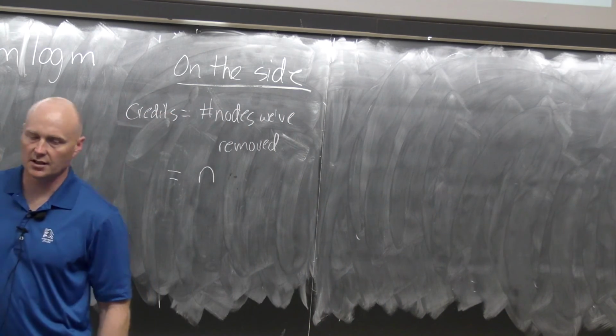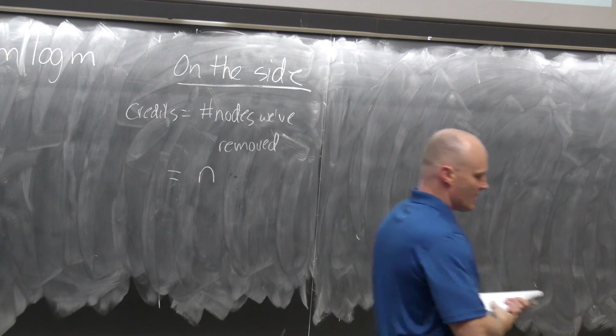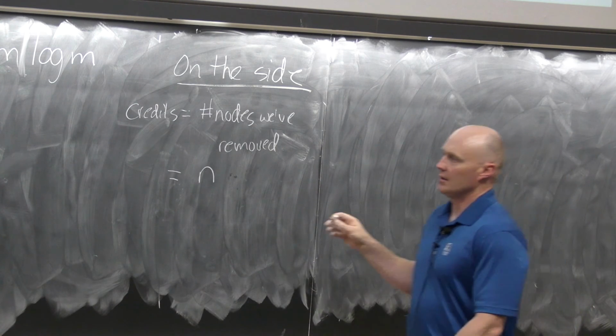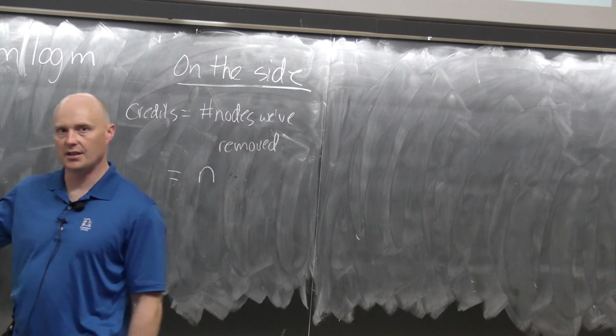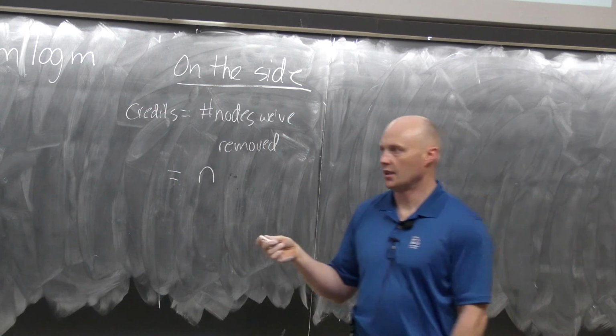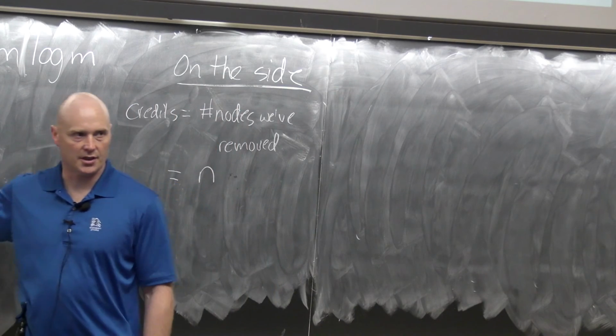Each one of these credits can pay for a constant amount of work, some constant C. We want to show that we have credits that are within a constant of the size of these subtrees that we're going to build.